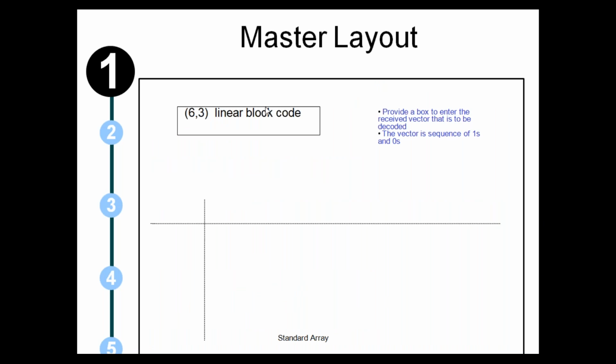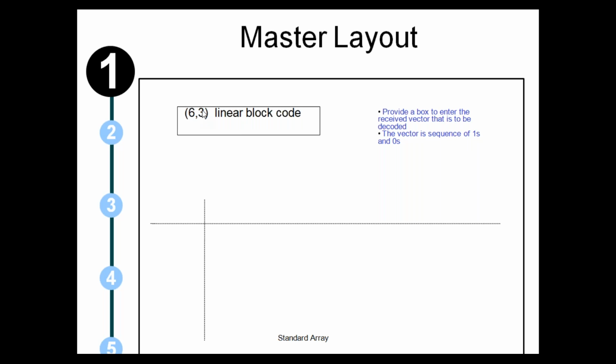Then we are going to see how we can decode using the method of the standard array. I will explain this standard array decoding with the help of an example. We can take a (6, 3) linear block code, that is n equal to 6 and k equal to 3.